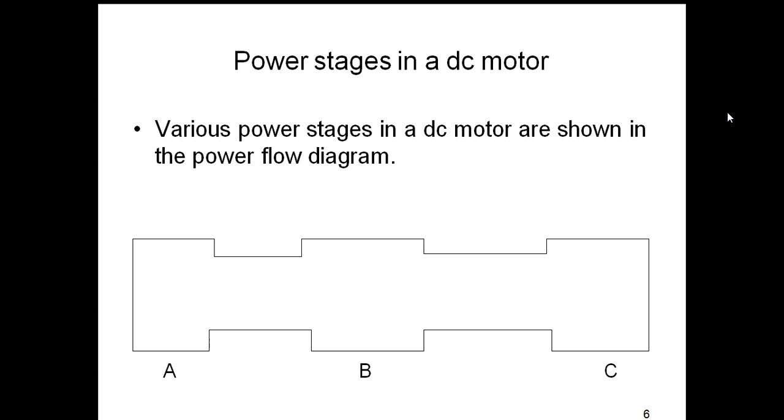For a DC motor, the input will be power, which is nothing but the product of voltage and current, and its units are watts.